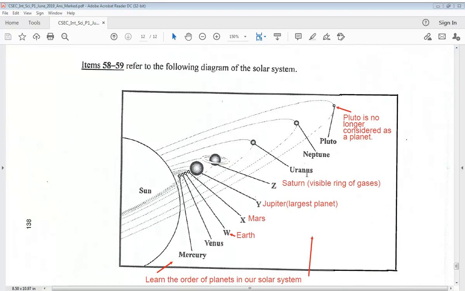Then we have Neptune, Uranus, then Saturn at Z, then at Y, Jupiter, which is the largest planet. Then at X is Mars, then at W is Earth, and then we have Venus, then Mercury.